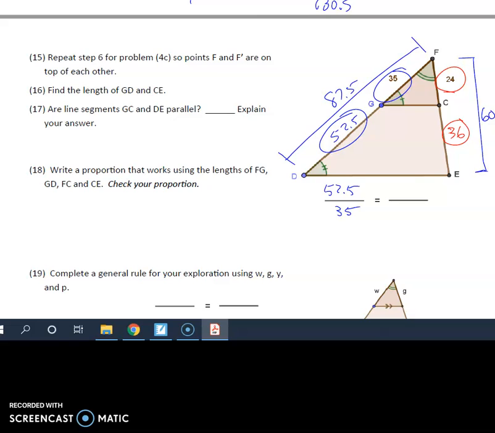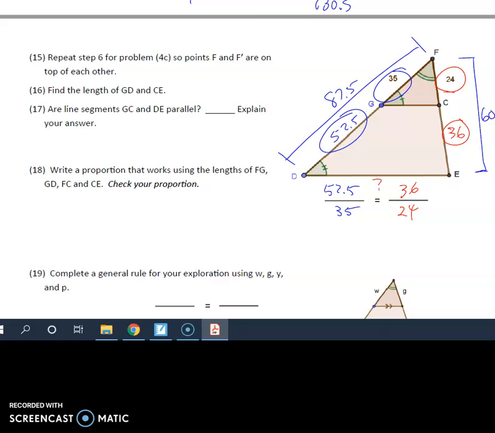Again, I put the larger over the smaller, so I'm going to put the 36 over 24. It's really important that you watch the placement of the numbers, because if you have a ratio where the bigger number's on top of the first one and the smaller number's on top of the second one, there's no way that the cross multiplication will ever work, because one ratio is more than one and the other ratio is less than one. So watch the numbers.